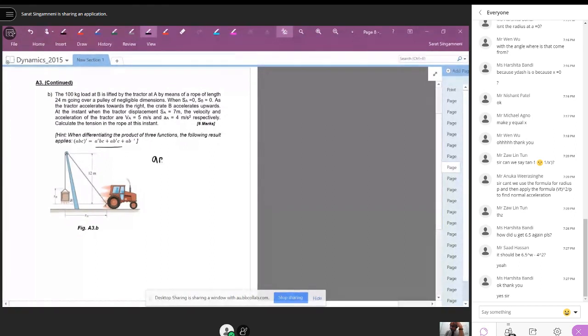Acceleration of V is equal to 3.3581 meter per second square, and the tension in the rope T is 1316.81 Newton.